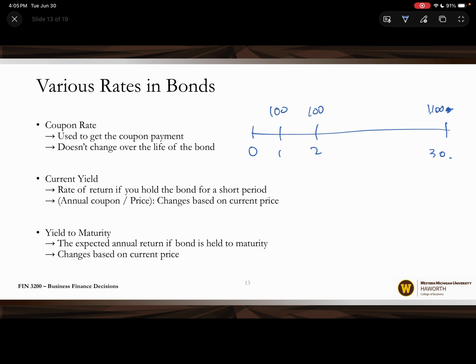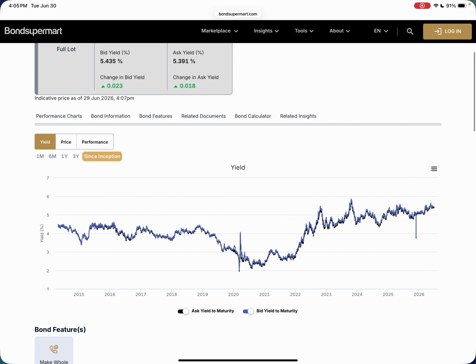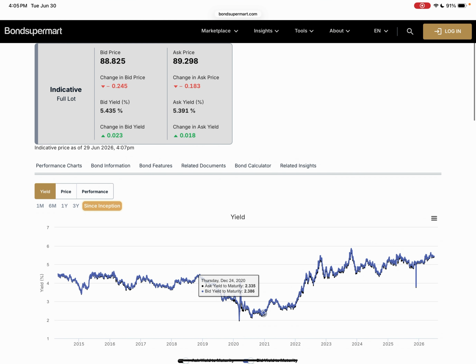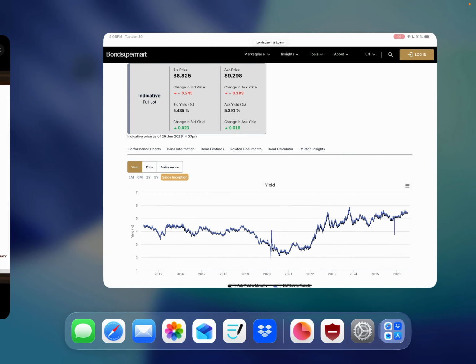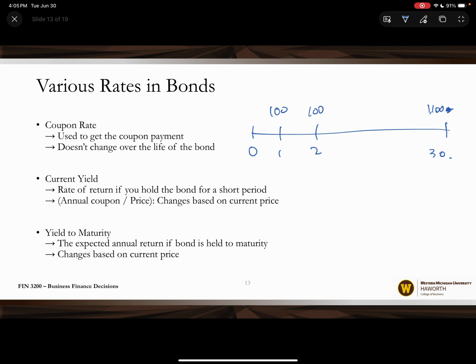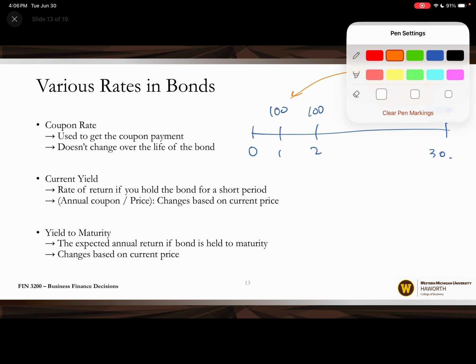So as you can see here, the yield used to be 4.48, but at one point it was like 2.2. So if the yield, we'll just call it R here, used to be like 4.5 but later on becomes like 2.5%, you'll see that based on this R, the price of the bond will also fluctuate, right?